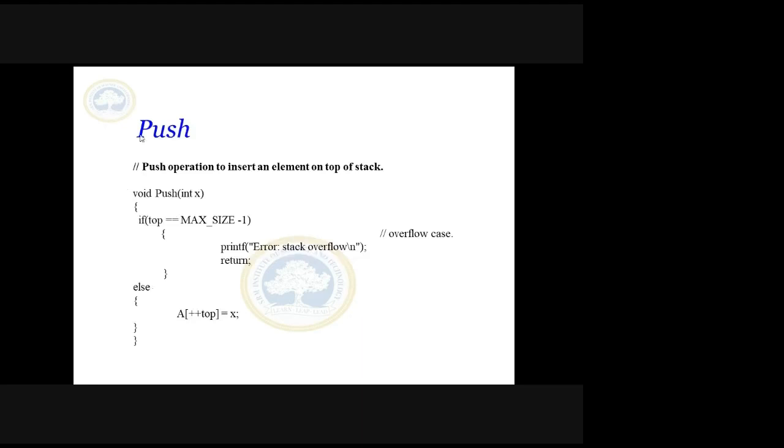The next operation is the push operation, which inserts an element on the top of the stack. Void push means you are pushing an element. This is the array implementation. The element which you are going to push is taken by the value x, and it first checks whether your top is equal to the maximum size.